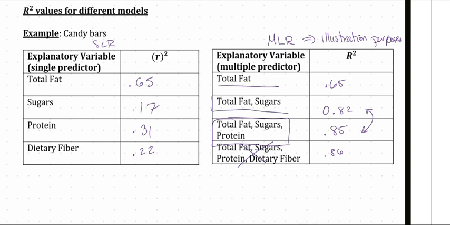Maybe I want to just focus on this simple model and not worry about those 3 extra percentage points in variability. 82% is still a pretty high amount of variability explained. And I have the benefit of being able to visualize a 3-dimensional model if I only have 2 explanatory variables. In the end, because I have a lot of experience, it would probably come down to this model.